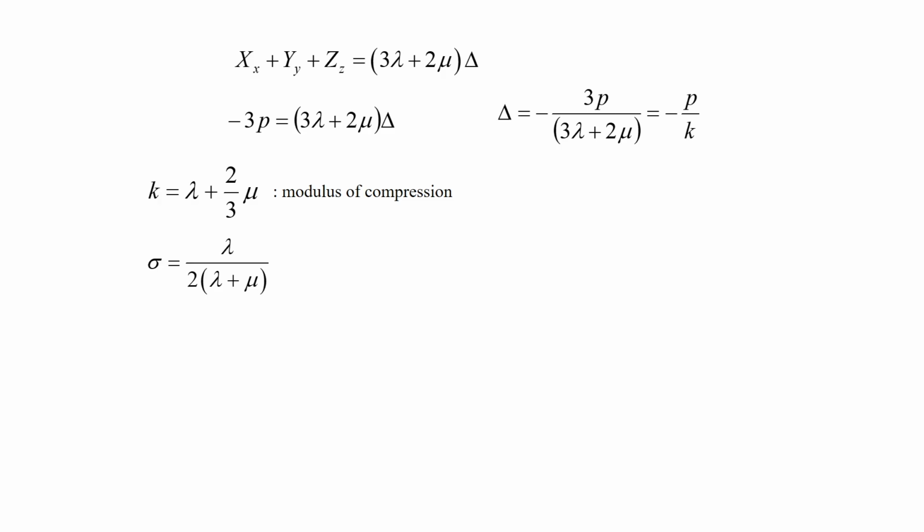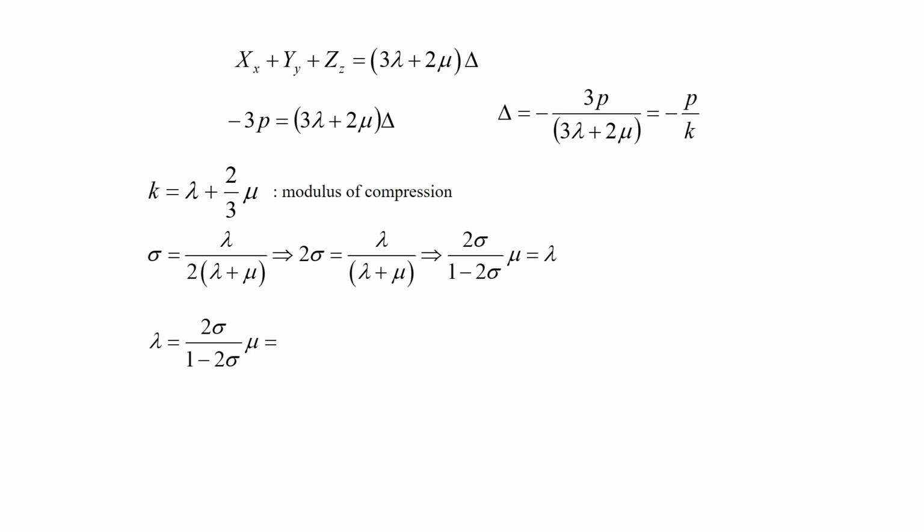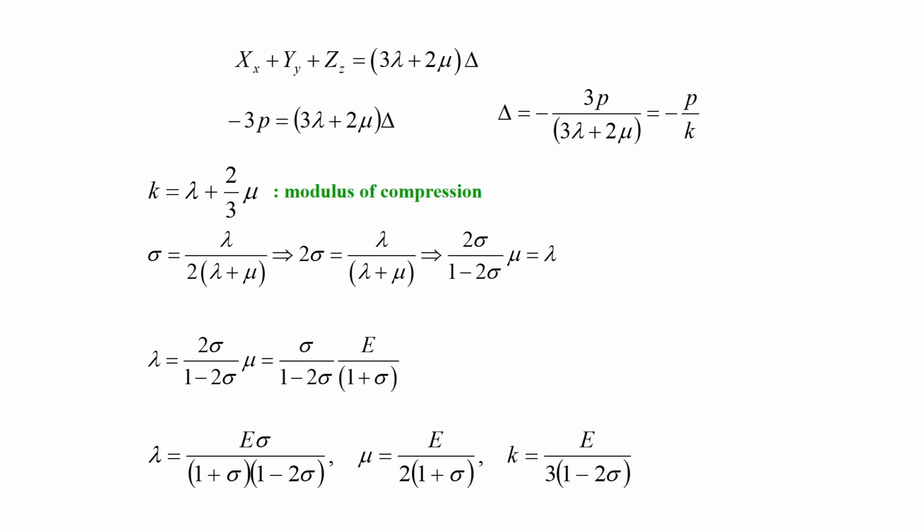Now, we can write this sigma a little differently. Sigma is equal to lambda by 2 into lambda plus mu, and E is equal to this, which we have already derived. So, we can write 2 sigma is equal to lambda by lambda plus mu, and therefore lambda is equal to 2 sigma by 1 minus 2 sigma into mu, and mu can also be written as E by 2 into 1 plus sigma.